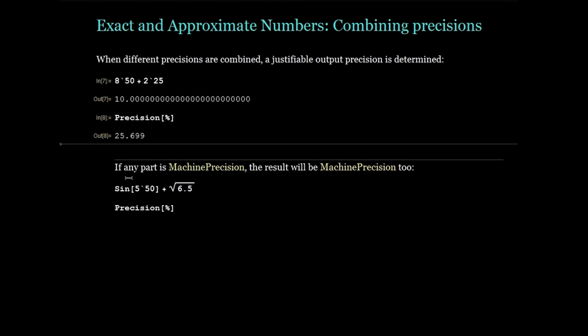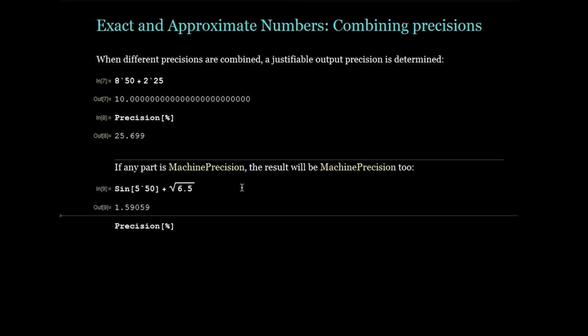Because machine precision numbers don't track round-off error, their precision is effectively considered to be lower than any other possible precision, even one significant figure. This means that if any part of a calculation is machine precision, such as this part, then the result will be machine precision as well.